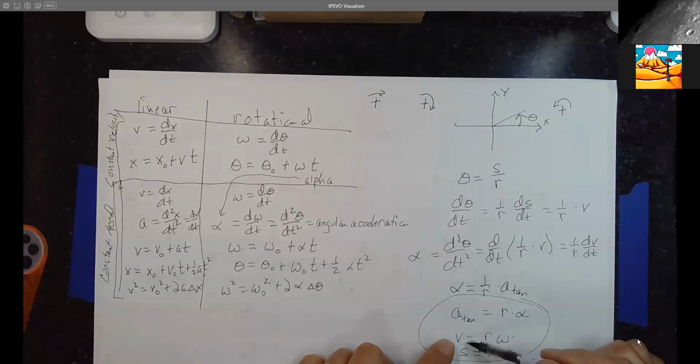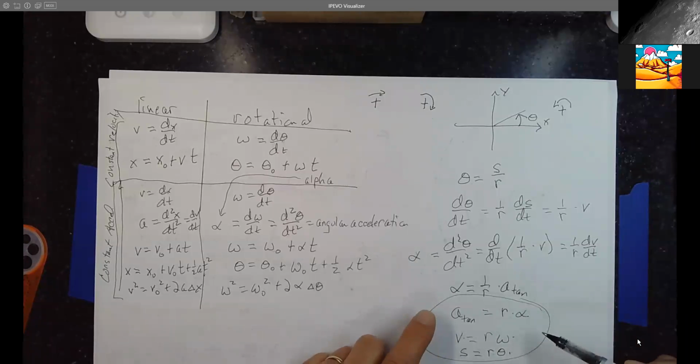When you take dv dt as a derivative, because it's also changing direction, you can get both the tangential and the radial acceleration out of that. But that's more complicated than we want to go with. So there's something that we have there.